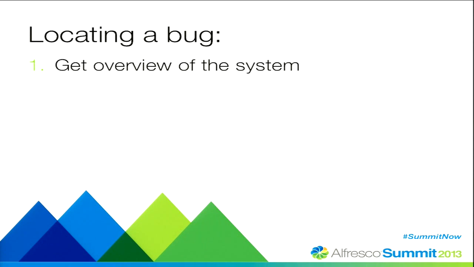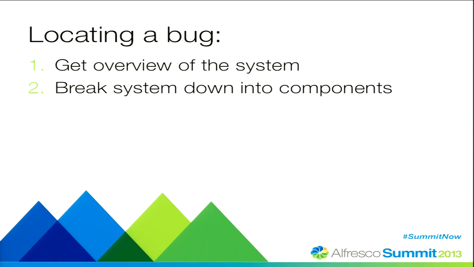So to start with, you've got to get an overview of the system. You've got to work out how the data or the electricity or the water or whatever you're dealing with flows through the system, where the key points are that data gets interacted with. And then, once you've got a good overview of how it works, you then need to break that system down into components.